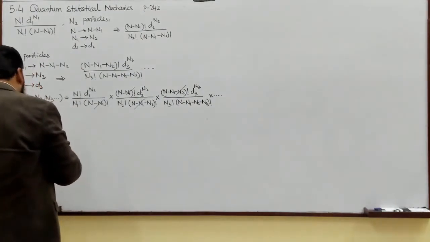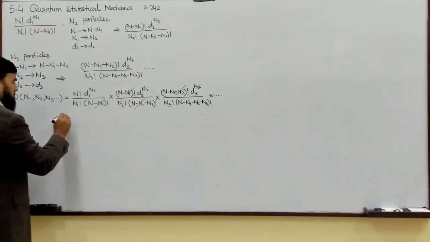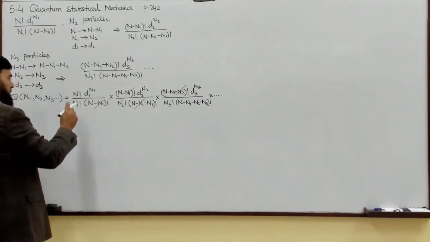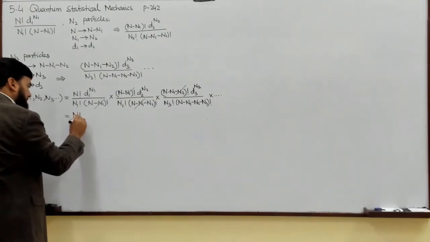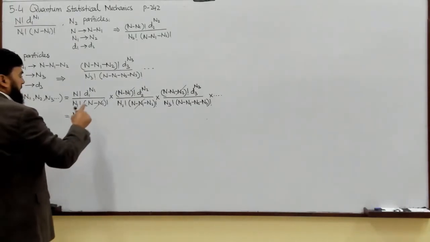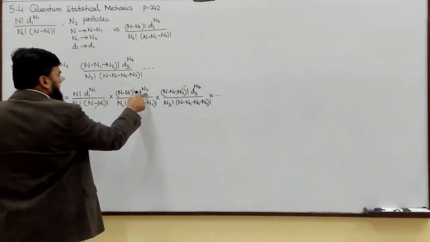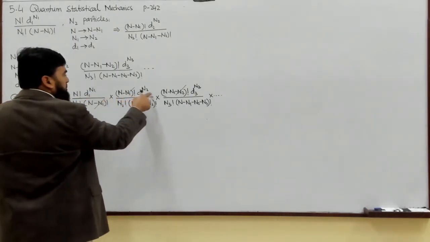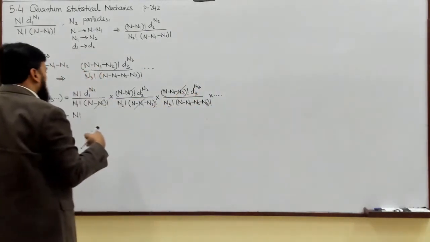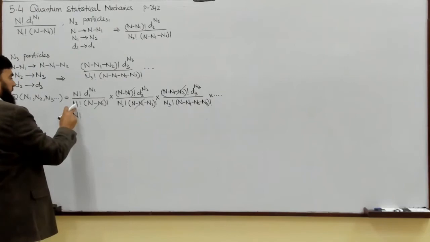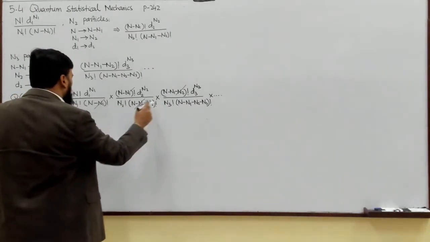So finally I will get that this thing is equal to n factorial, this will survive, while d1 to the power n1 multiplied by d2 to the power n2 multiplied by d3 to the power n3 and multiplied by d4 to the power n4, and here n1 factorial multiplied by n2 factorial and n3 factorial.